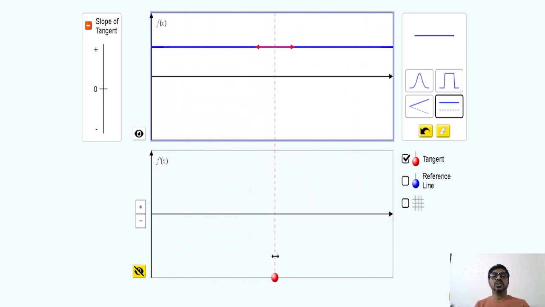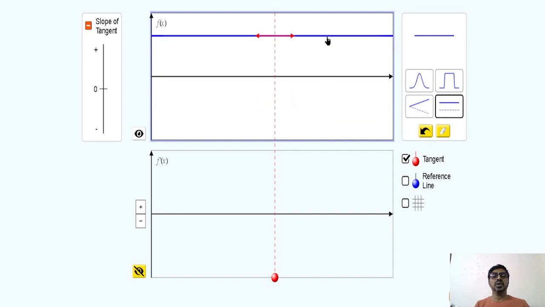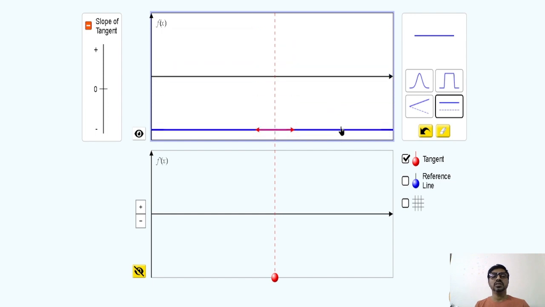Now you move the line either up or down, wherever you keep it, or maybe on the x-axis, you see that the tangent orientation is always horizontal. And whenever the tangent is horizontal, its slope is 0. So moving the graph up or down, slope will not change. The slope of the tangent remains the same.